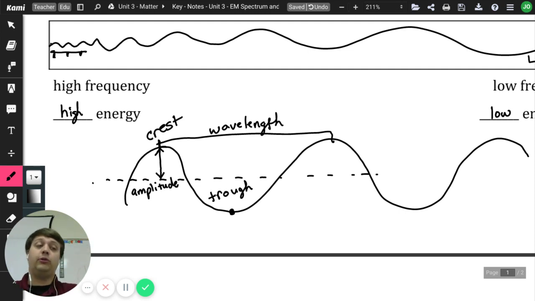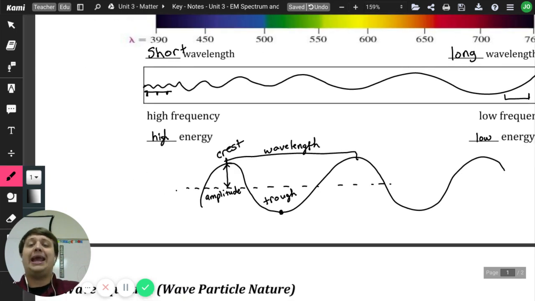So that is everything that y'all need to know about the EM spectrum and waves and light.